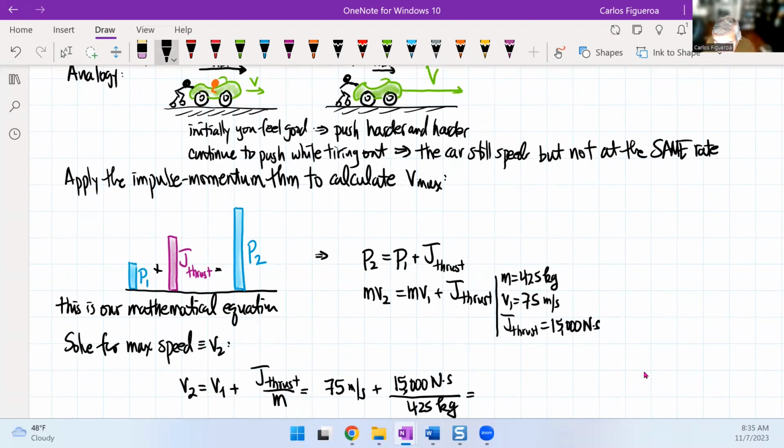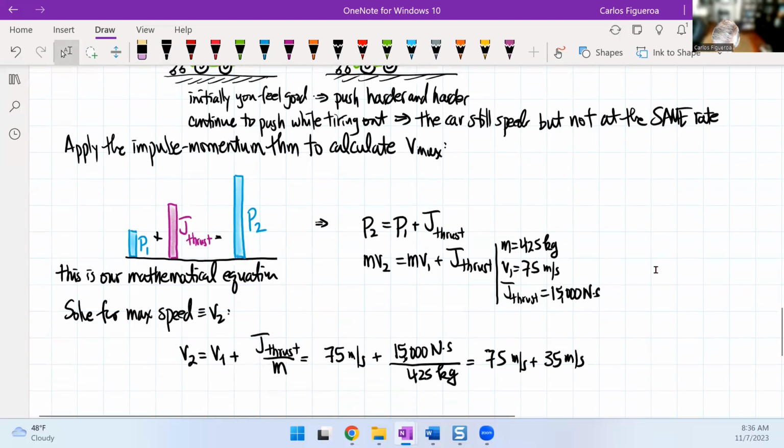And if I compute this number, I get 75 meters per second plus, what is that? I got 35 meters per second.